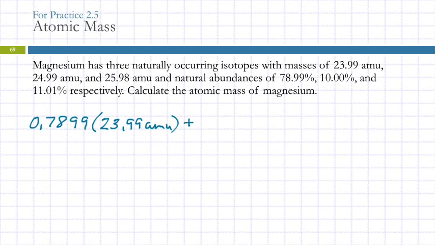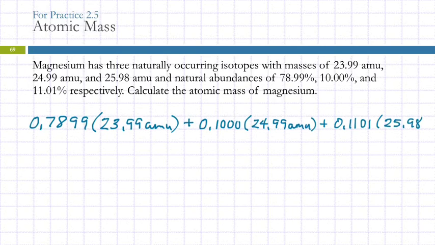The second percent abundance is 10%, so that becomes 0.1000. We got to keep those significant figures. And we get 24.99, because that's the second mass. And the last percentage is 11, so that becomes 0.1101 times the mass of the last isotope.